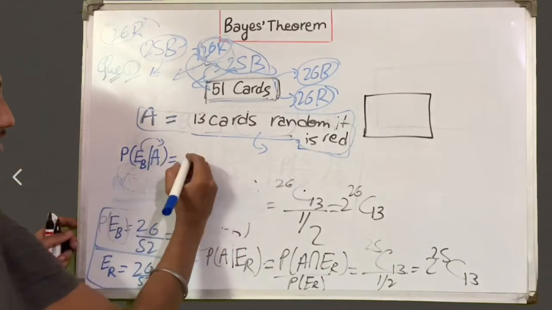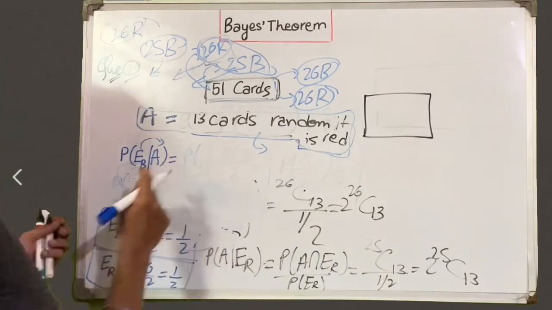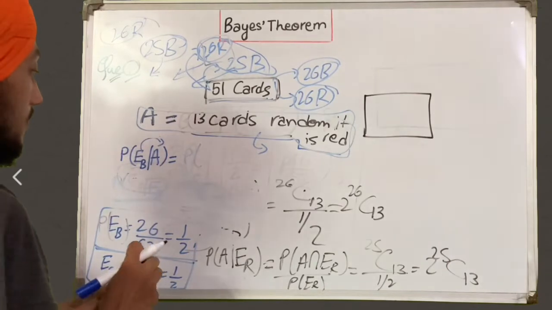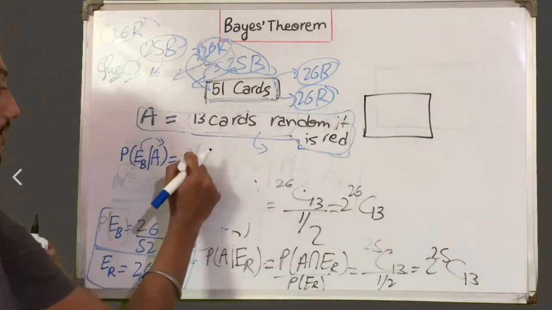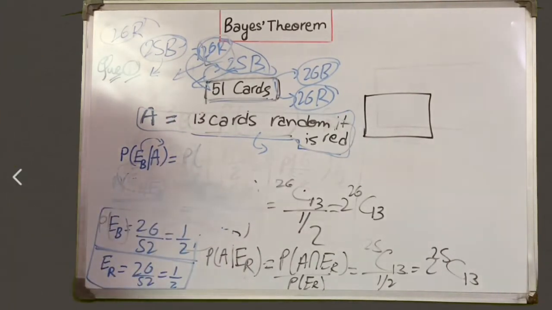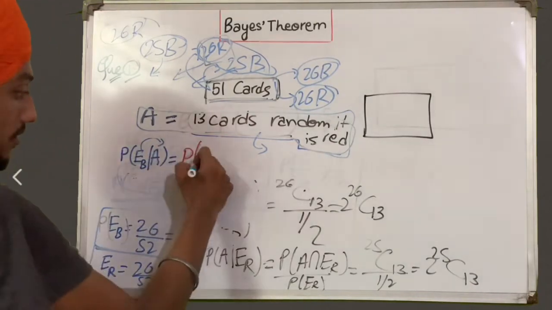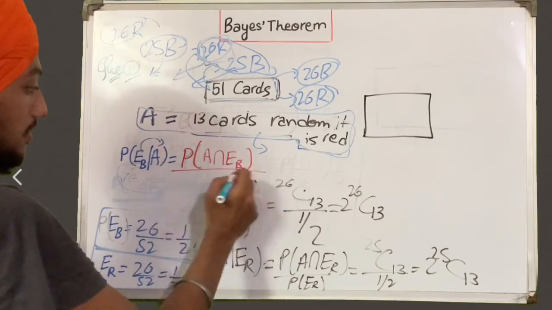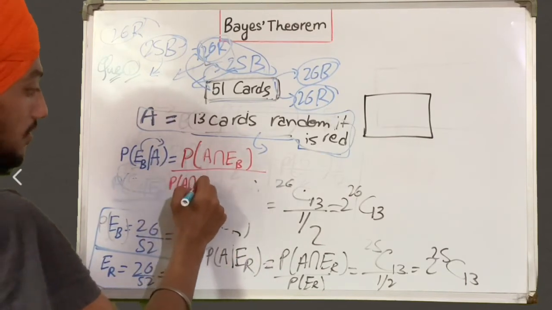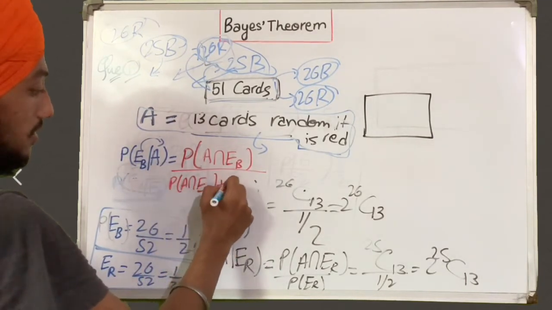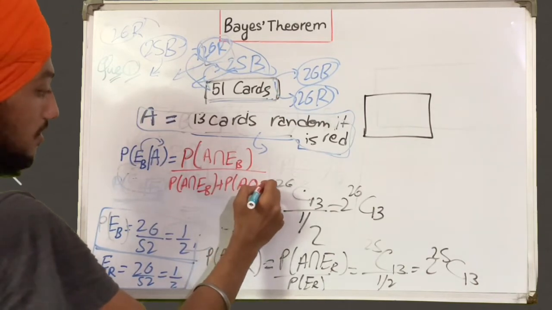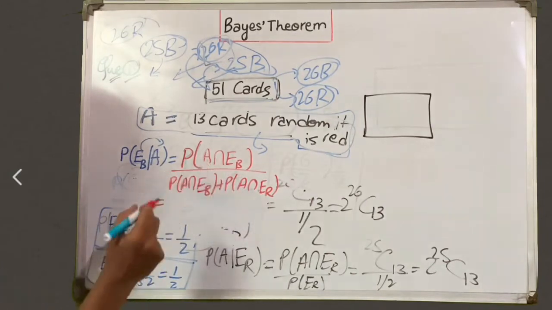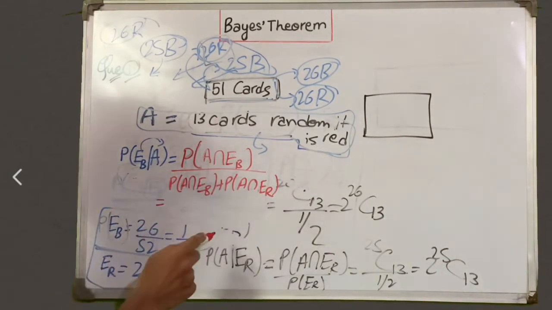So that should be written like that, A and EB. It must be written like that because we know the probability of this.